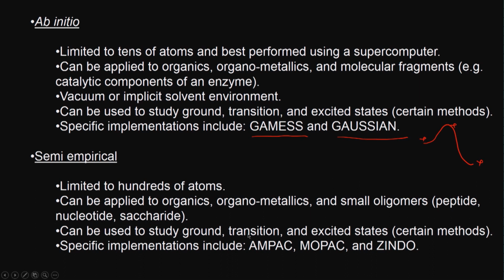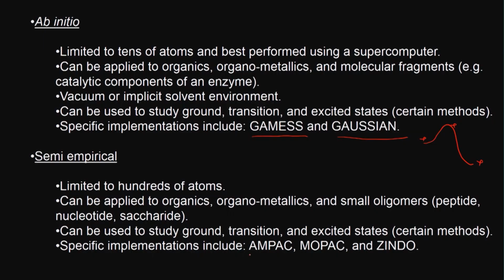We can look at ground state, transition state, excited states, but of course this will be less accurate than ab initio. If you really want to look at small changes, such as different enantiomers, I would not recommend this; I would recommend the ab initio method.